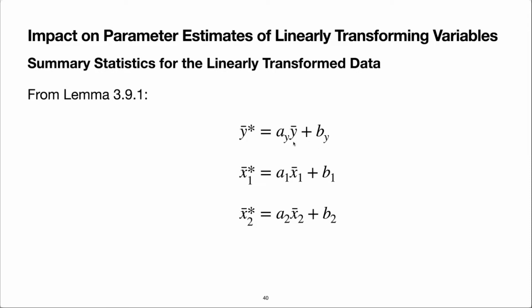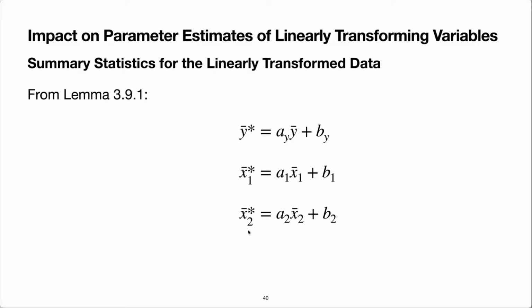So again, y bar being the mean of the original response, and y bar star is the mean of the transformed response. Similarly, the mean of the transformed x1 variable, x1 star bar, is equal to, by lemma 3.9.1, a1 times x1 bar plus b1. So x1 bar being the mean of the untransformed variable x1.